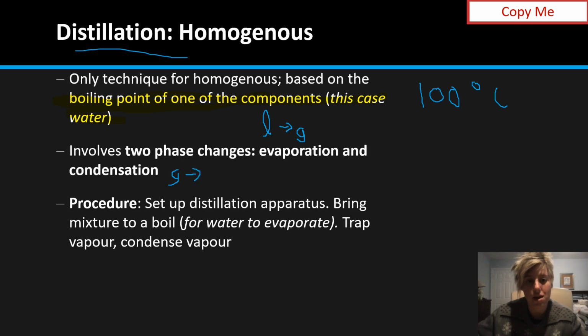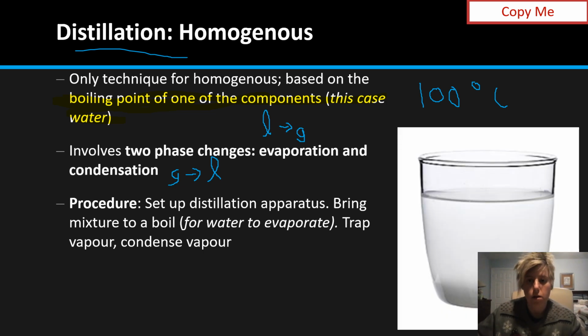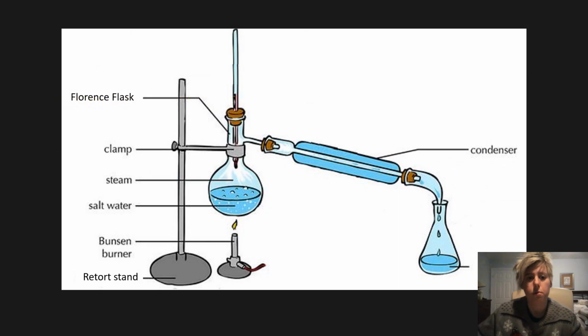Trap the vapor, so trap my water vapor, and then cool my water vapor so my water vapor goes back into liquid form. So we're going to look at the setup. Oh, and again, this is my homogeneous mixture, and when I'm looking at it, my homogeneous mixture looks like a pure substance.